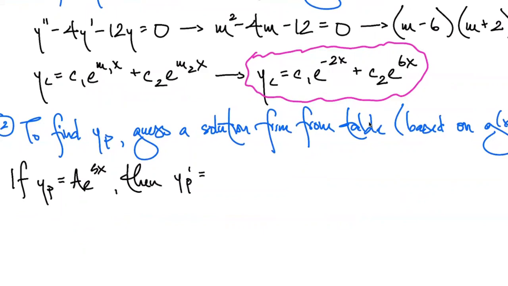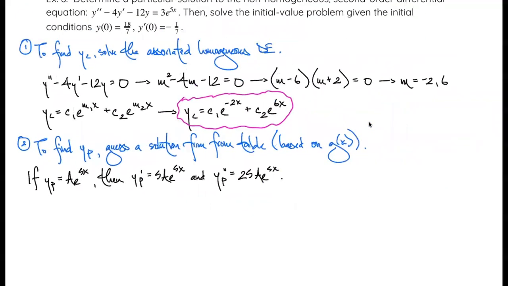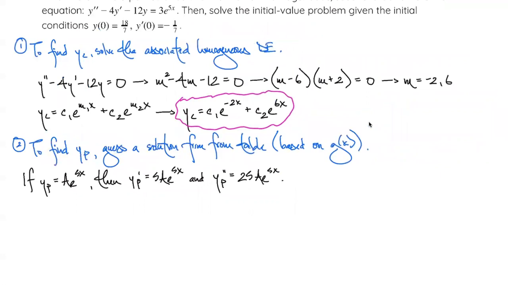All right, so first derivative, I'm going to need chain rule. So it's 5a e to the 5x. And yp double prime is going to be 25a e to the 5x. All right, so we find those derivatives.